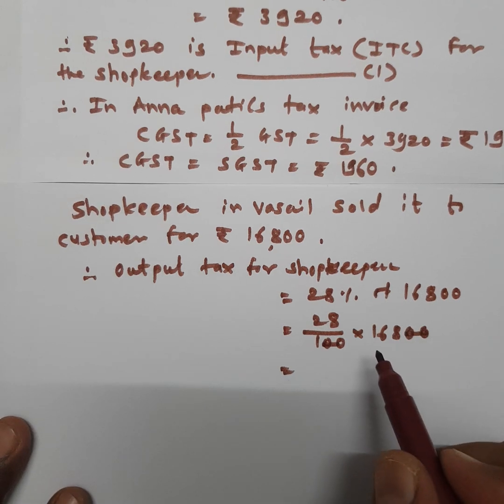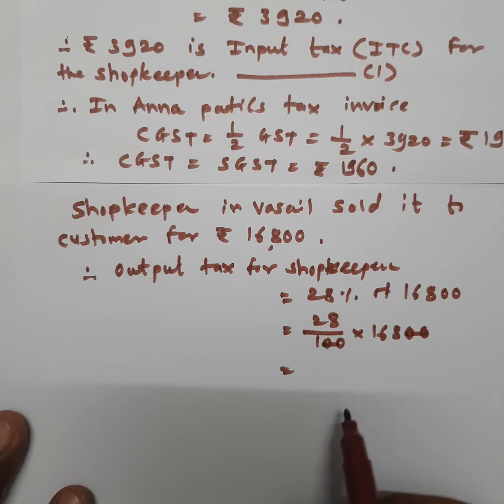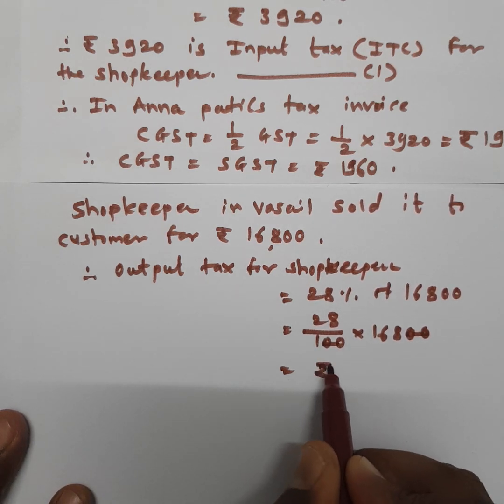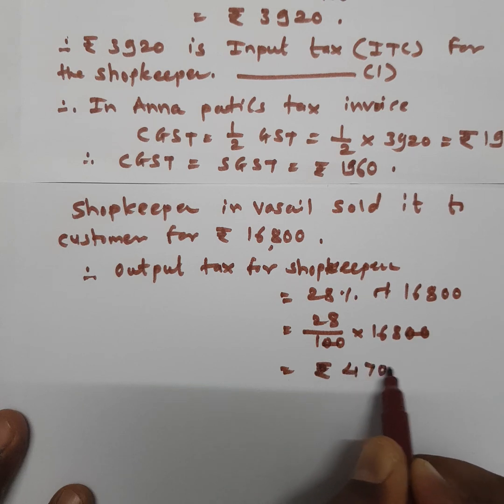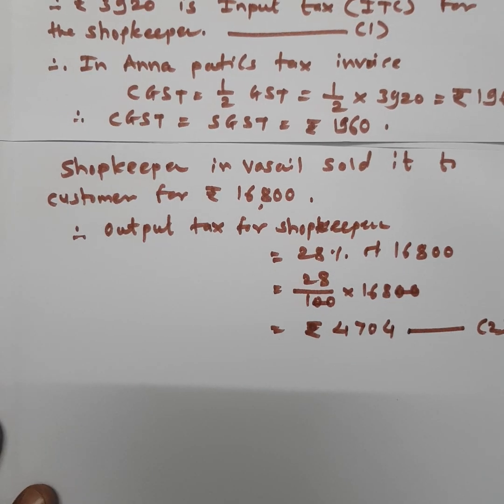This multiplication, 28 into 1680, will be rupees 4,704. This is output tax for the shopkeeper. We will give number 2 to this.